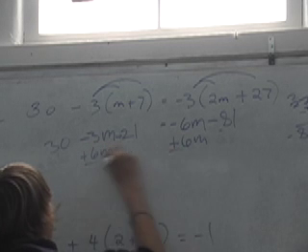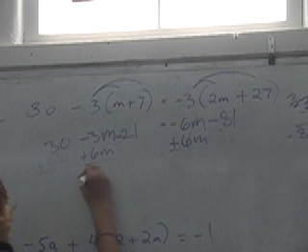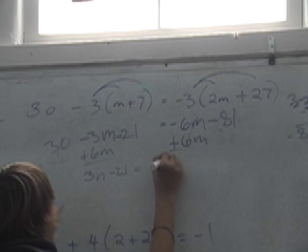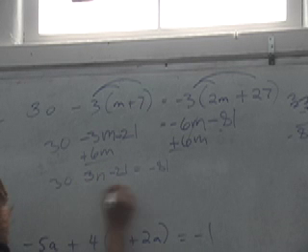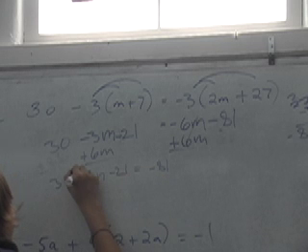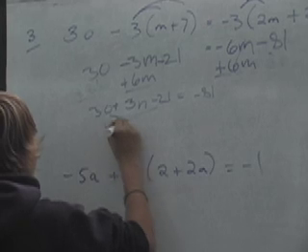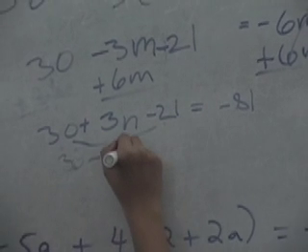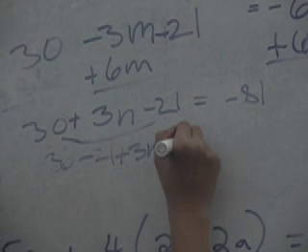It's smaller. First we deal with the m's. You get 3m minus 21 equals negative 81, 30. Then plus 21. Plus 3 and negative 81.